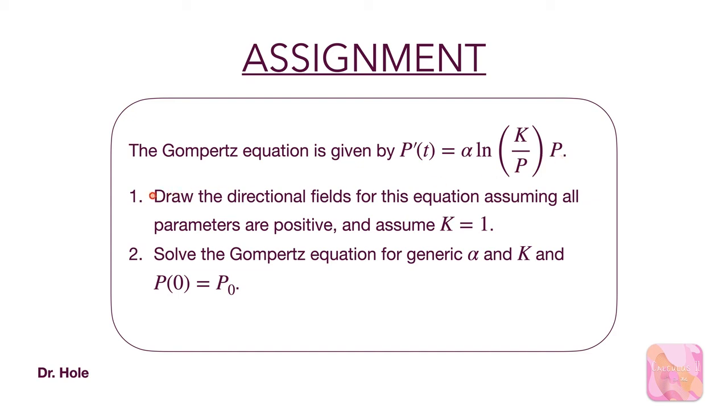Okay, use Desmos to draw direction fields. You can assume that K is equal to 1. And then compare that direction field with the direction field for the logistic equation. And then finally, come back and do the analytical computation to come up with the solution P of t.